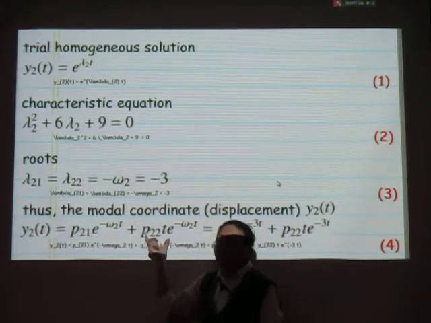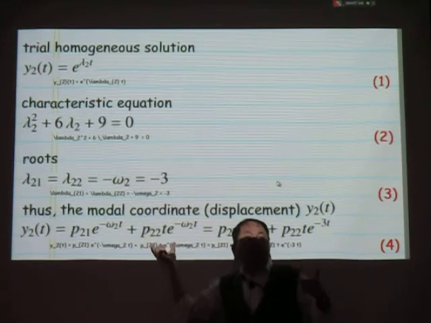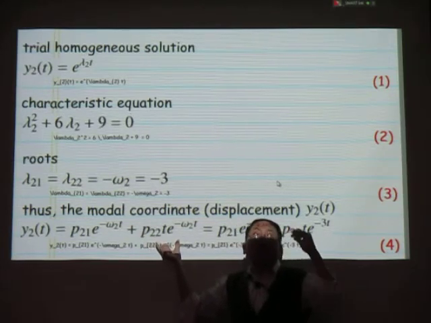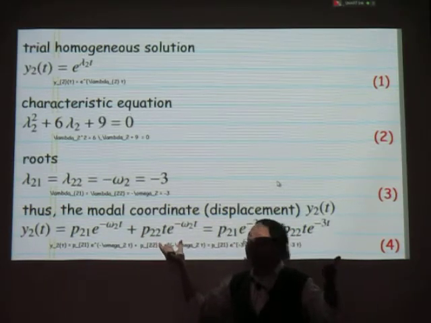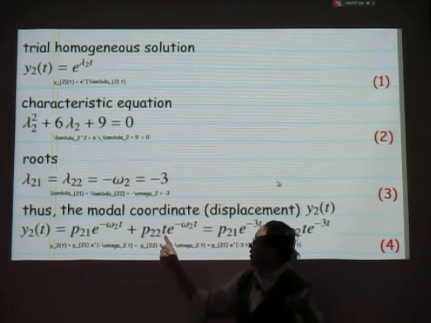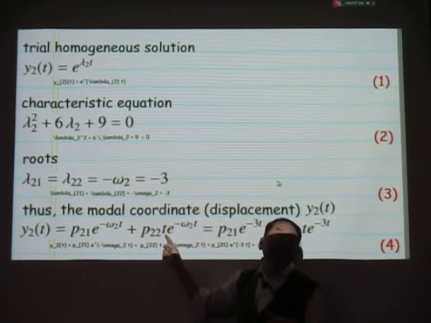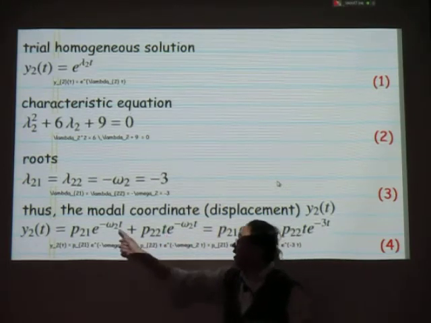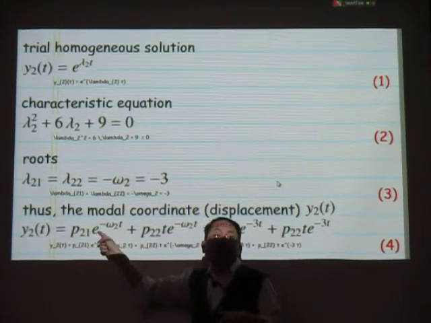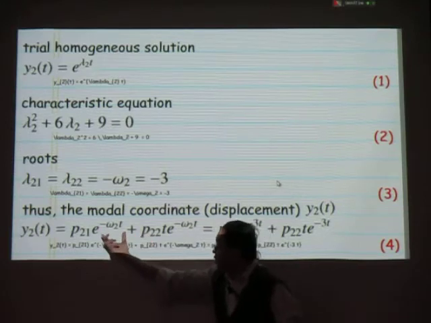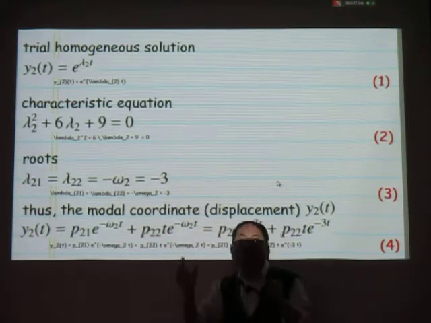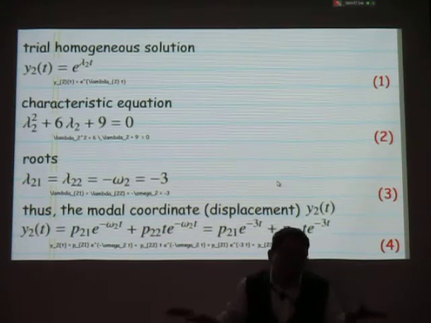The other term you have to find by variation of parameters or reduction of order. And the result is that you have the independent variable p multiplied by the first homogeneous solution. So the two homogeneous solutions here are linearly independent. Okay?